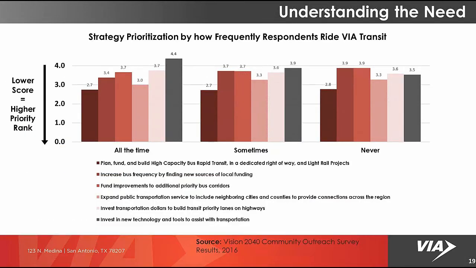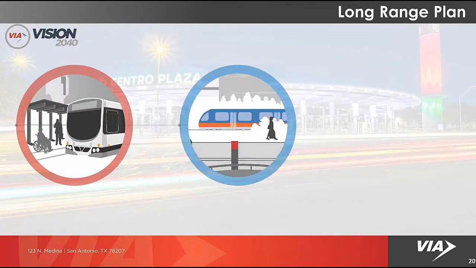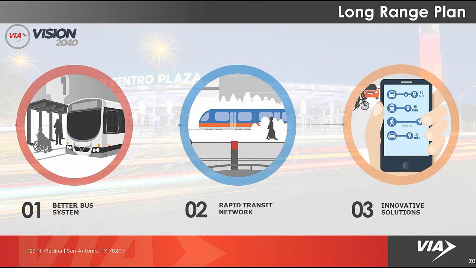And this was very interesting, especially when we got to the implementation priority questions, to understand what the priorities are for existing riders and for people who have sometimes used the system, or for those people who have never used the system. So it kind of gave us some extra context into the respondents and the strategies that they were recommending.